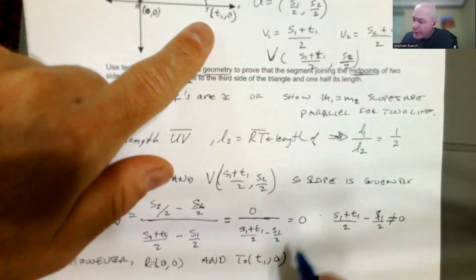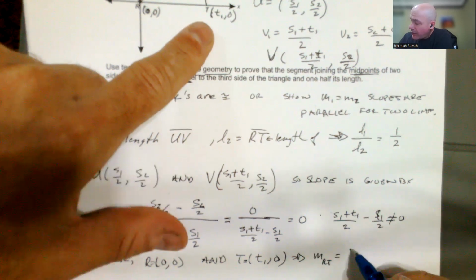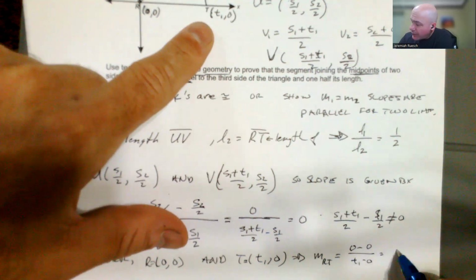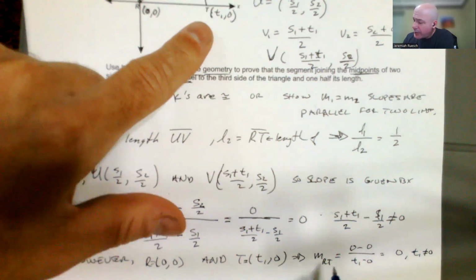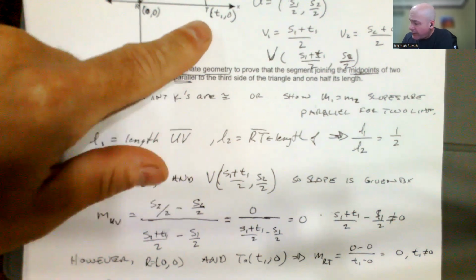Okay, so that's the coordinates there, which implies that the slope MRT is equal to 0 minus 0 over T1 minus 0, which is equal to 0 since T1 is not equal to 0. Okay, so MUV is equal to MRT.